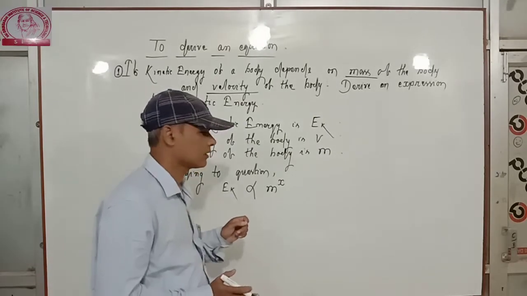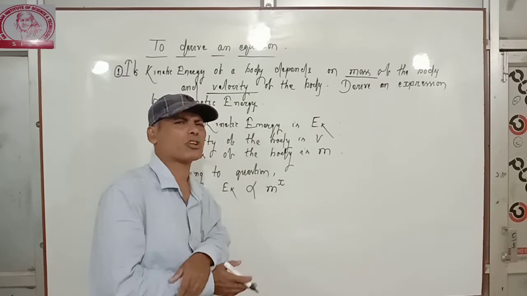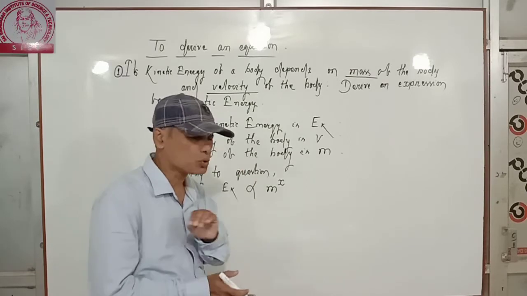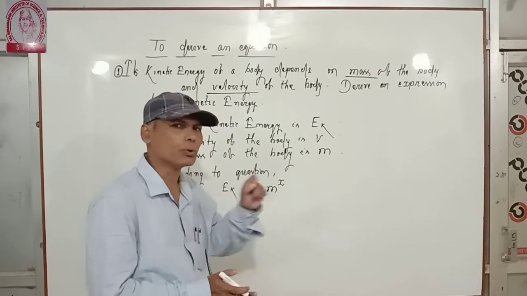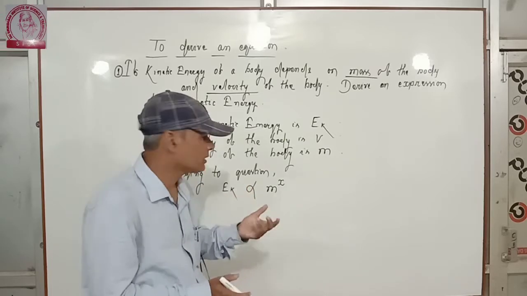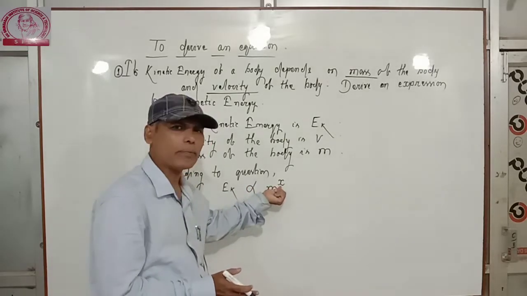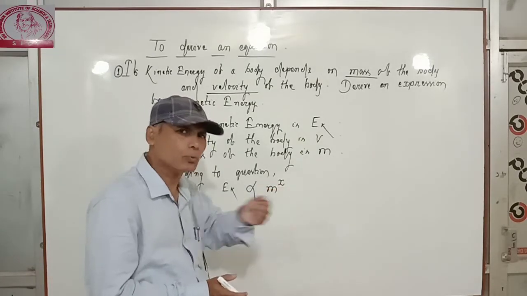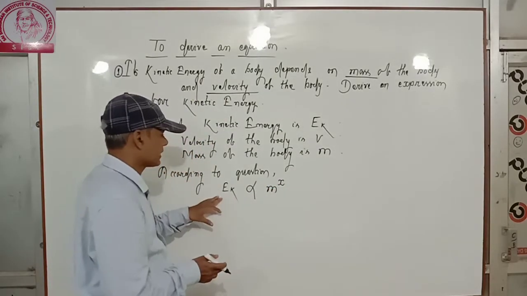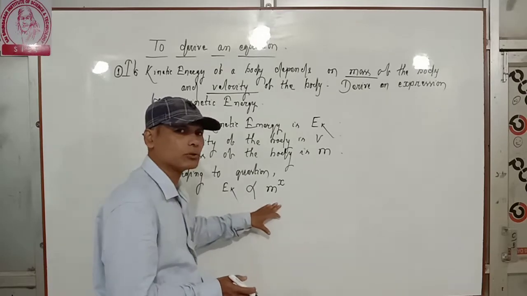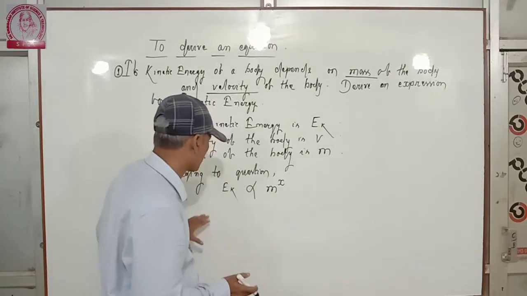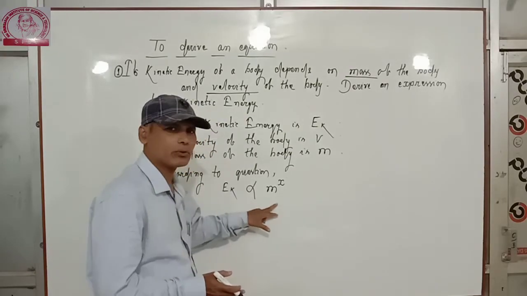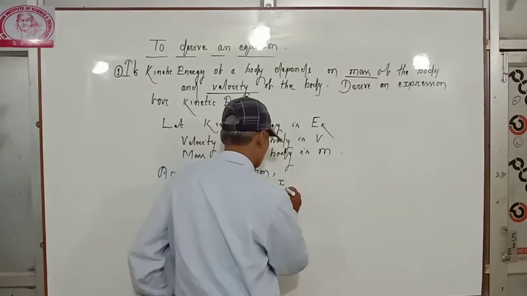Suppose it simply depends on mass, no square, no cube, no inverse, no root, no problem, the value of x will come out as 1. So Ek is proportional to m to the power x.